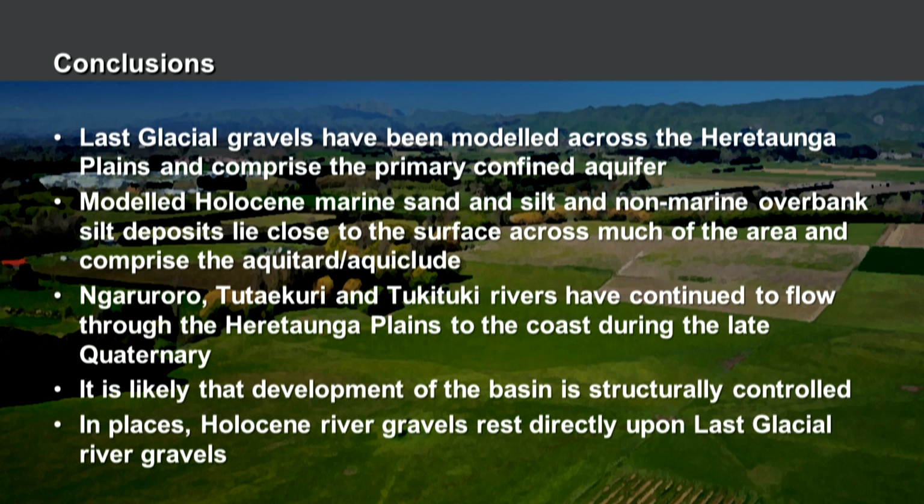So I'll just say these conclusions: that the last glacial gravels have been modelled, as have the marine sands and silts that overlie them and the swamp materials that overlie them; that the Ngaruroro, Tutaekuri and the Tukituki rivers have continued to flow through the Heretaunga Plains to the coastline through this whole period of time, and probably beforehand as well.